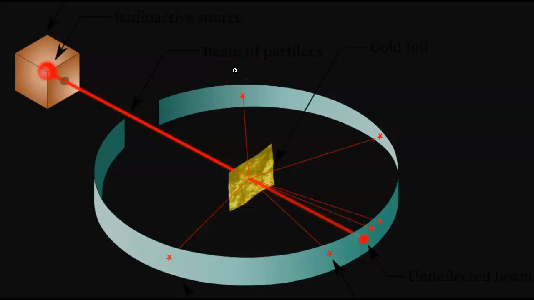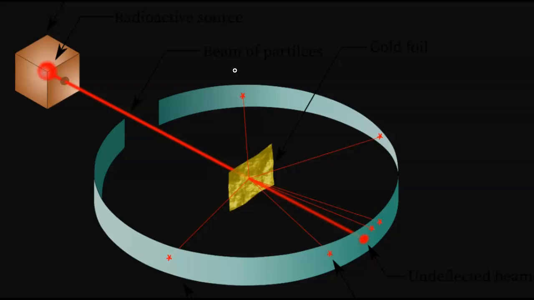Rutherford realized that in order for something to make an alpha particle bounce back, it would have to be a pretty massive pile of positive charges. He called that the nucleus, and today we think of the nucleus as the protons and the neutrons in this positively charged nucleus at the center of the atom, with the electrons going around it. That's how we got the model that you're used to, with the nucleus at the center like the sun, and the electrons orbiting around the nucleus like planets.